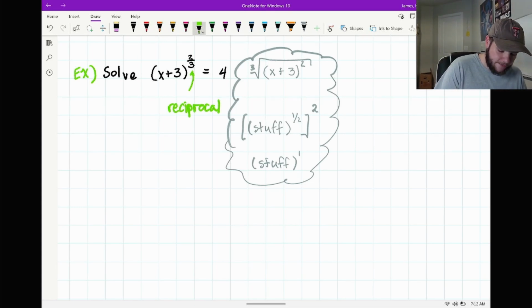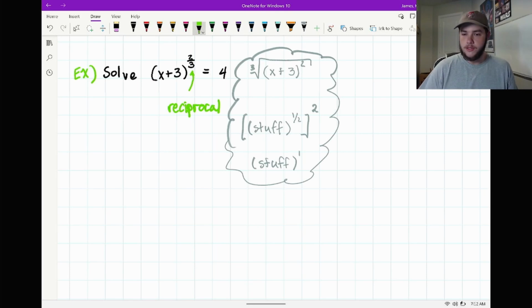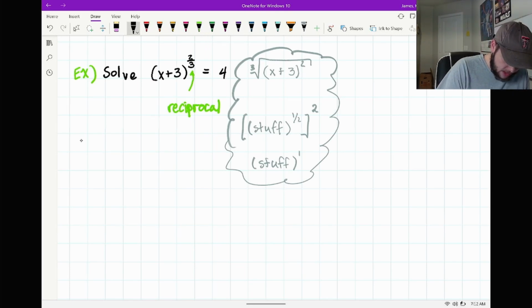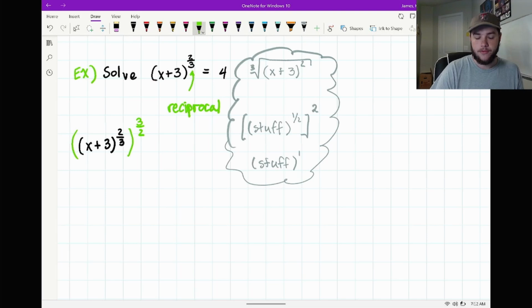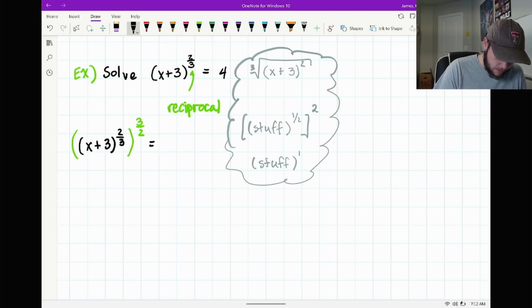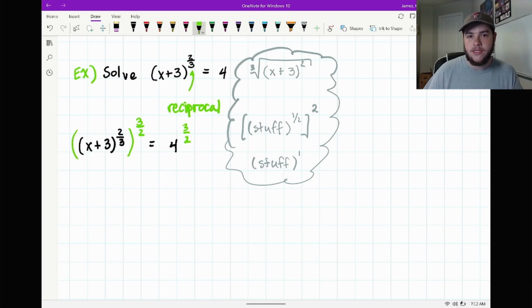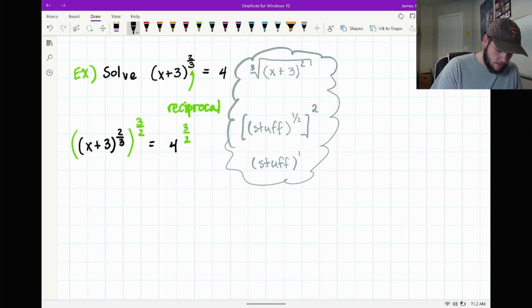Remember, that's the fancy word for flip it over. So in this case, I want to take both sides of my equation and raise it to the 3/2 power. Same thing on the right-hand side. Remember, what I do to one side, I have to do to the other to make sure I get the same solution set. Now, my 3/2 and 2/3 multiply to get me 1, and I'm just left with x plus 3 on the left-hand side.